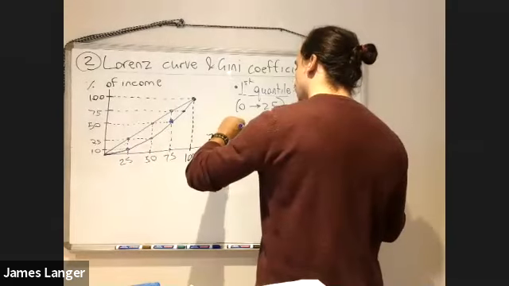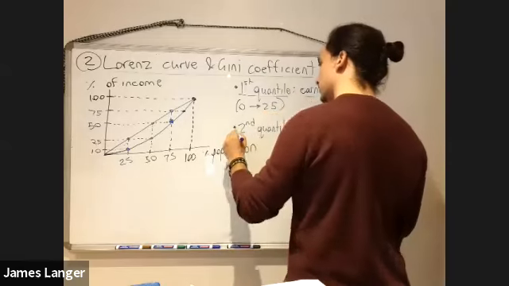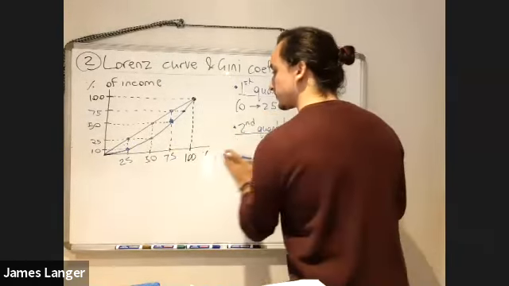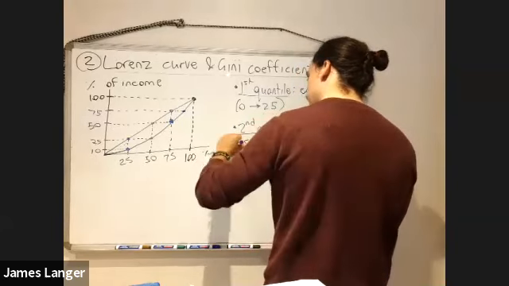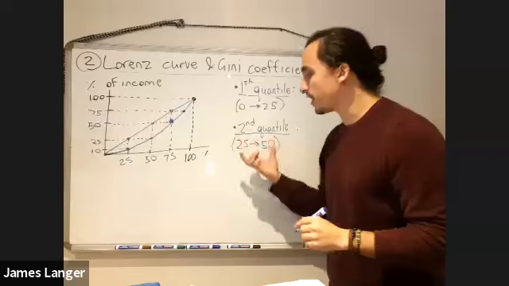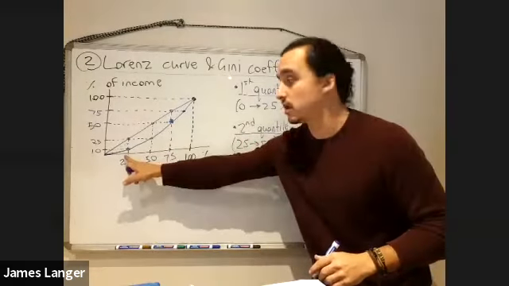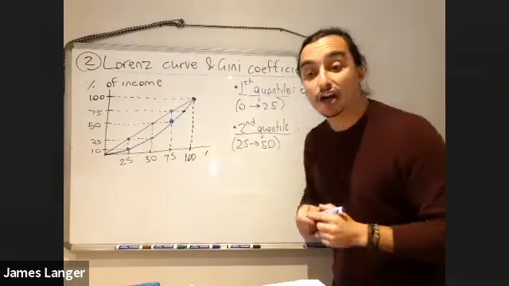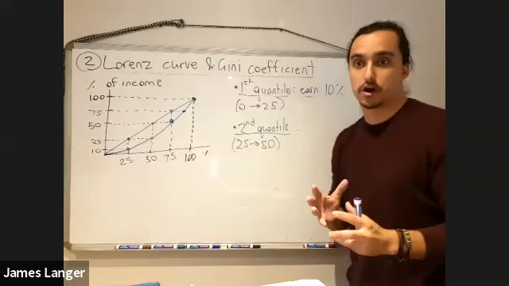The second quantile, which is going to be my 25 to 50. Does everyone follow? That's how we're reading our quantiles here. 0 to 25 is the first quantile, 25 to 50 is the second quantile. So now how do we calculate what share of income they're earning?